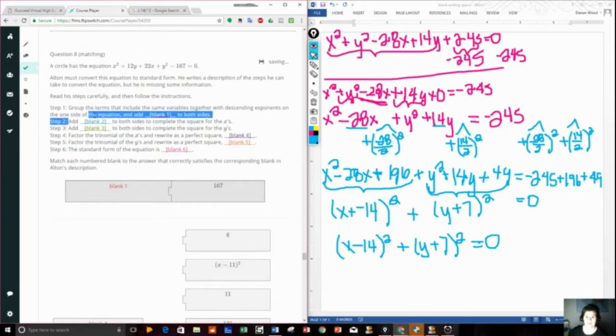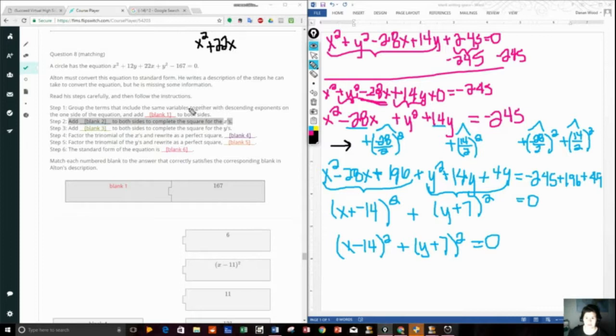Step 2, add blank to both sides to complete the square for the x's. Okay, so that's where he's jumping to our step like this. So he's taking the b halves. After he did step 1, he would have an equation that looked like this: x squared plus 22x.